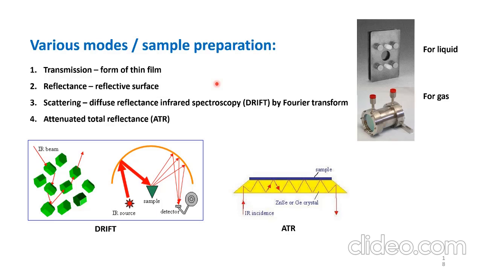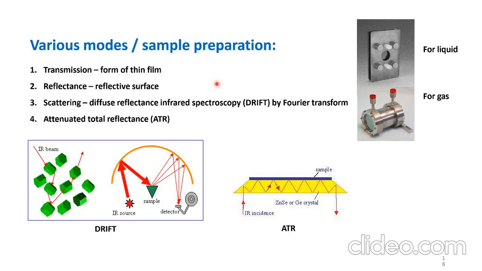And suppose if there are small particles, then in the reflectance mode, the problem can be that the rays will be scattered all over the place. So the detector will not be able to detect the complete radiation coming from the sample, and in that case we will not get any signal, or the signal will be very less and noise will be high.